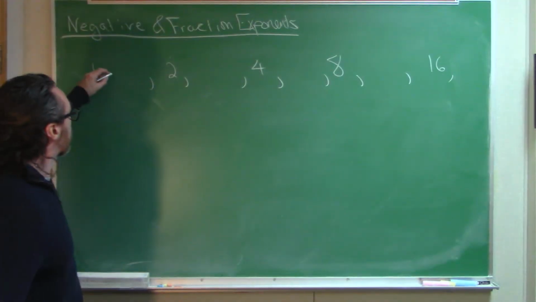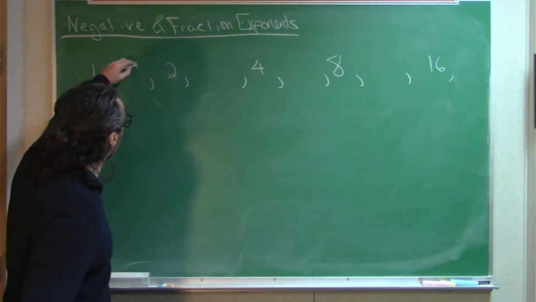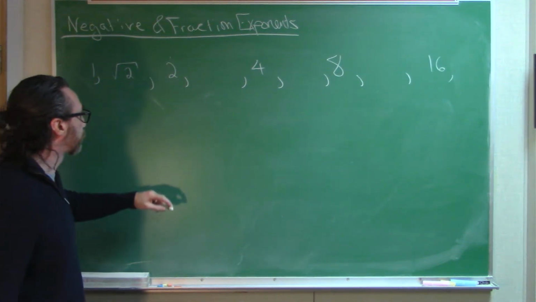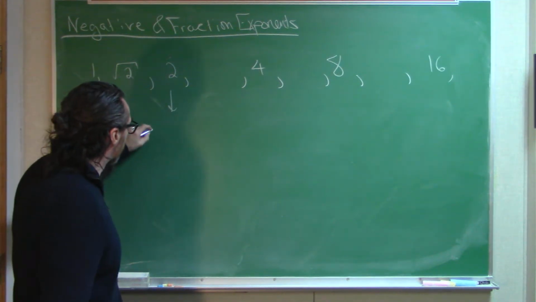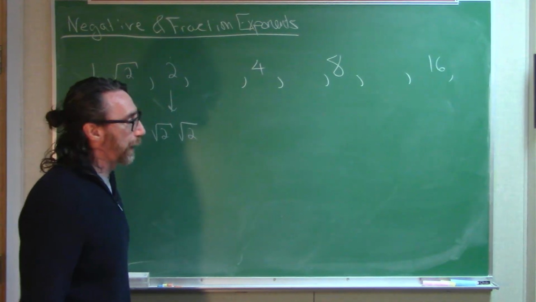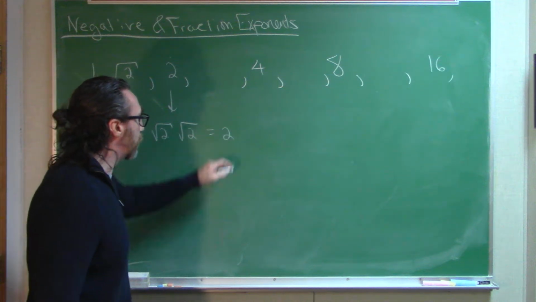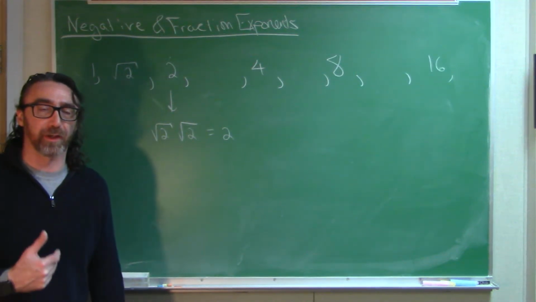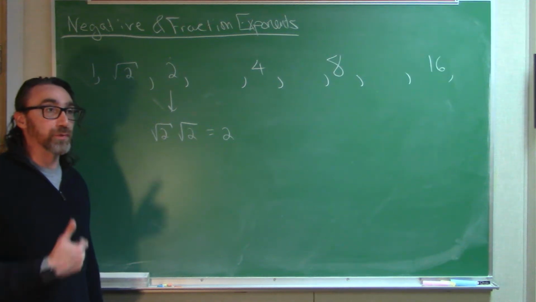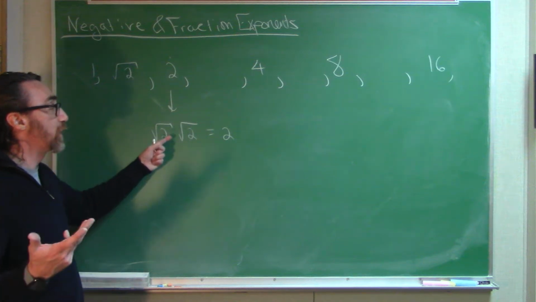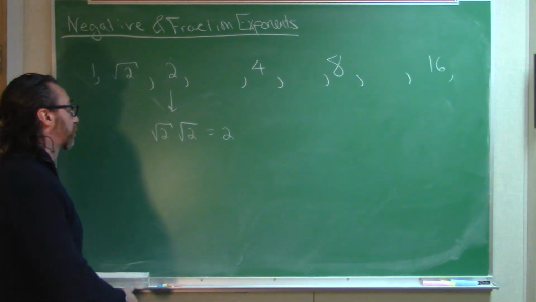What I'm doing is I'm actually multiplying by radical 2. If I take radical 2 and multiply it by another radical 2, I get 2. That's what this number does. The square root of 2 is a number such that when you square it, you get 2.